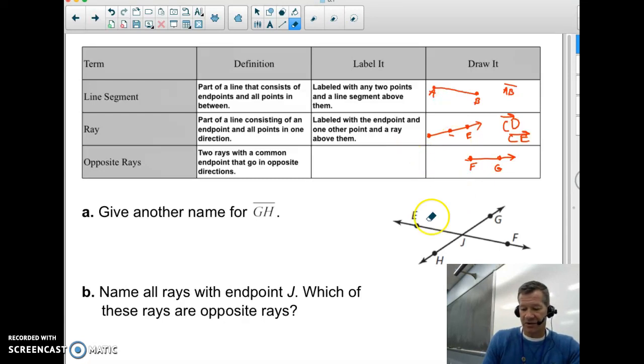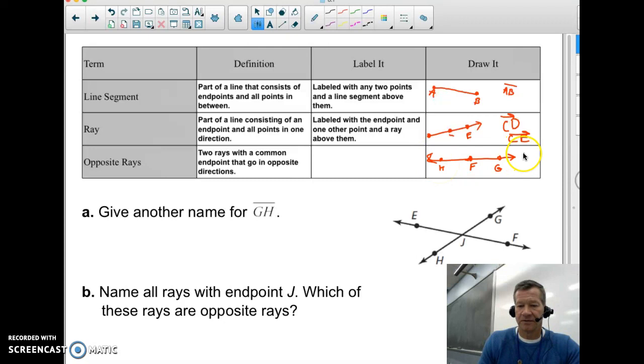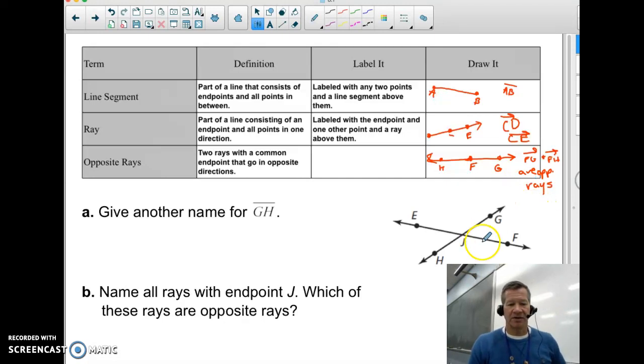So I'm erasing everything that I have here in the meantime. So go straight across. There we go. That was a little better. So FH. So we would say ray FG and ray FH are opposite rays. They both start at point F and go in opposite directions.